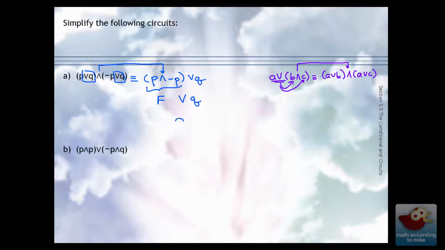So all that matters is Q. So in other words, what we just did was we simplified the original statement, (P or Q) and (not P or Q), simplifies to be Q. So the P did not matter at all, just Q. Whatever Q is, so is the entire statement.